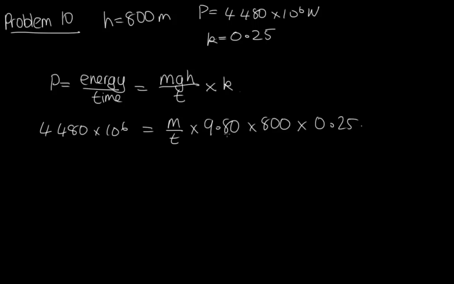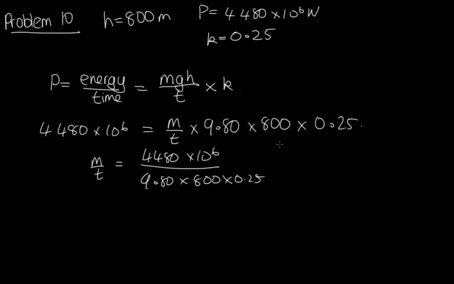So rearranging this, we can find that m on t is equal to 4,480 times 10 to the 6 divided by 9.80 times 800 times 0.25, just dividing by these. And so we end up with 2.286 times 10 to the 6 kilograms per second.